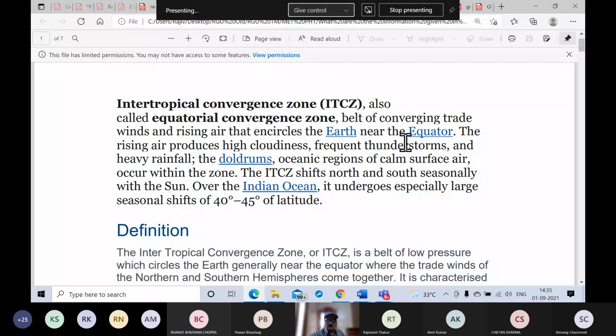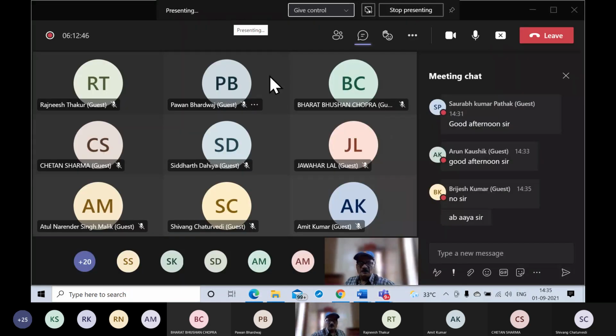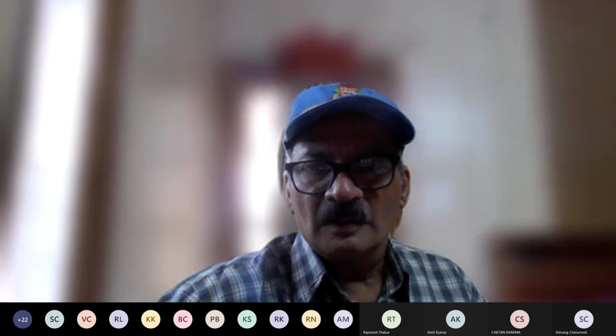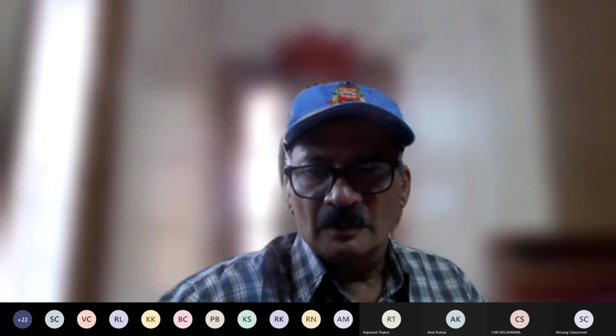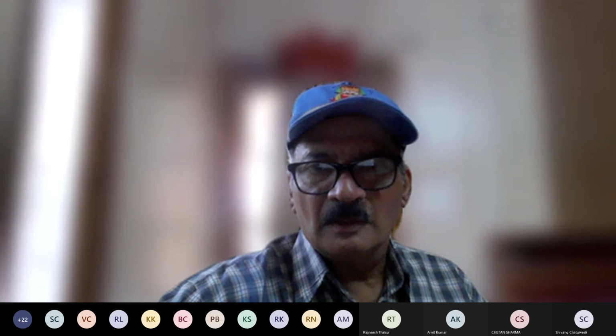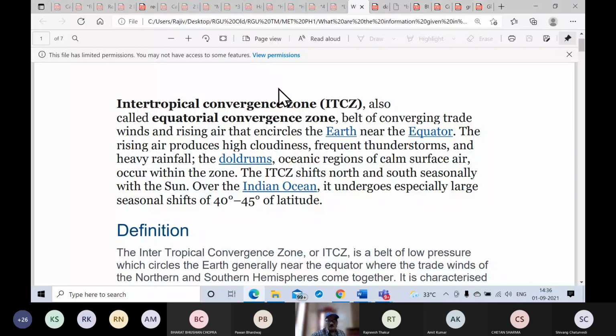Should be possible. Is it possible to see the shared screen now? Yes sir. Okay, very good.